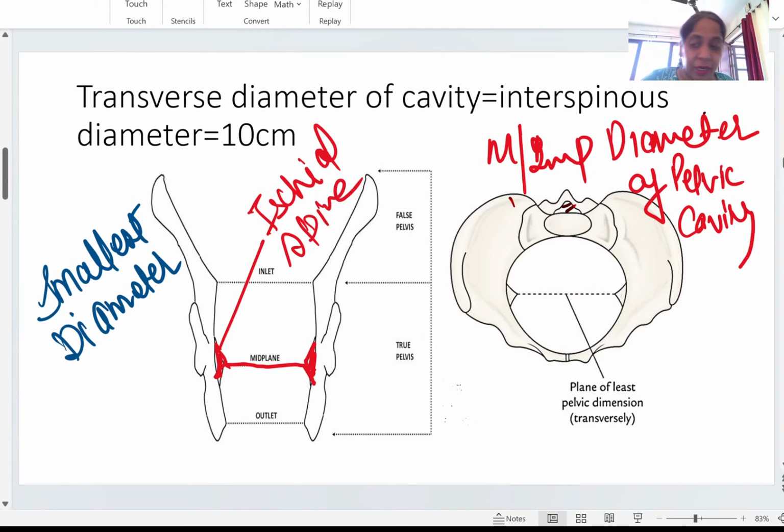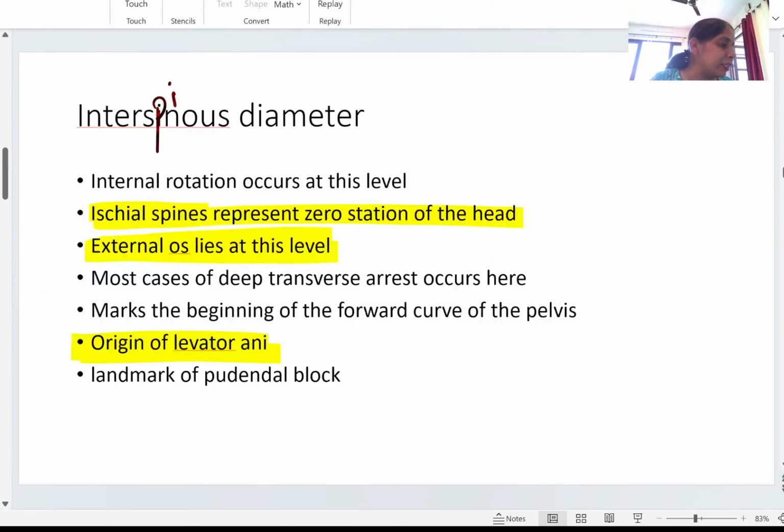Very good. What is the relevance of interspinous diameter? Can anybody tell me? This is the site where we say that the fetal head is at zero station.